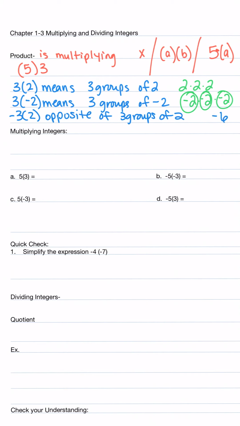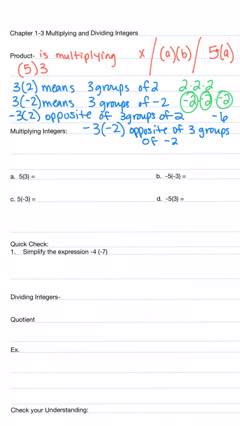And the last one, if we have negative 3 times negative 2, it's the opposite of 3 groups of negative 2.